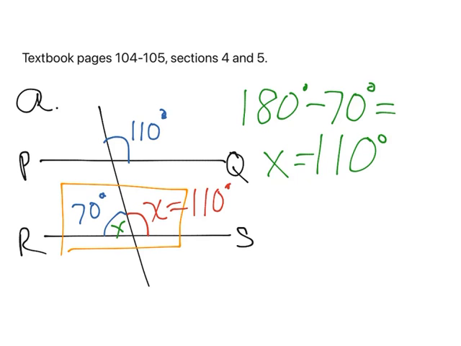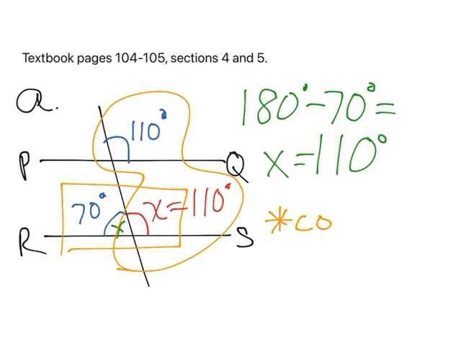Now, again, remember, these are what type of angle? Corresponding. They are corresponding angles, and they must be equal to prove that two lines are parallel.